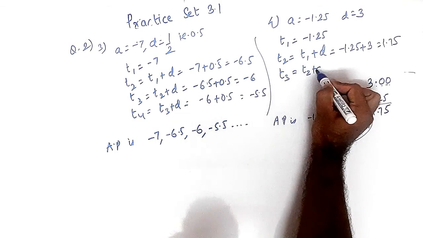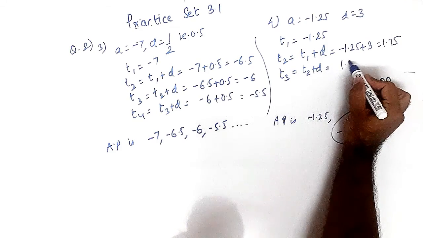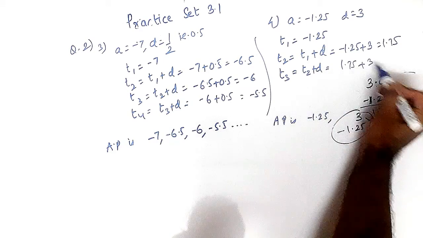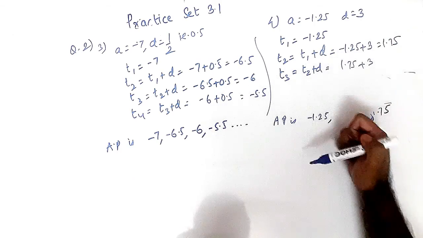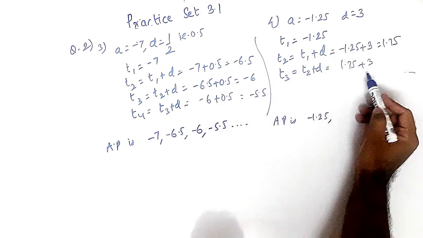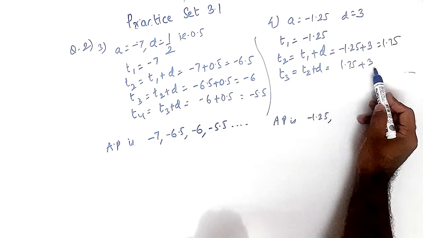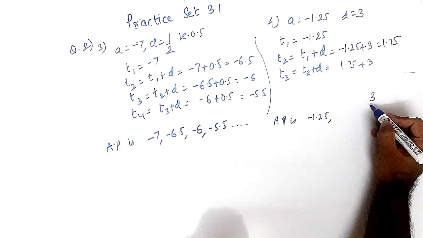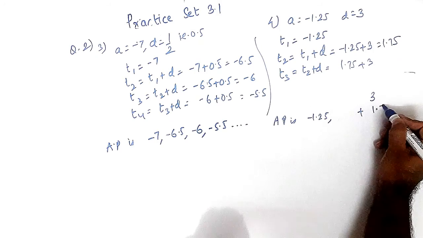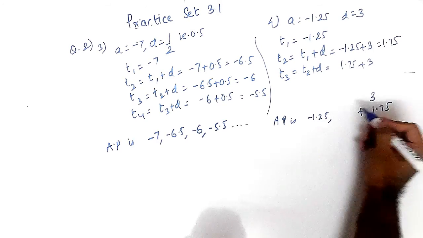Again, how will I get T3? T3 is T2 plus D. So it is 1.75 plus 3. How will you add? I'll just show you, because I can certainly add this orally. 3 plus 1 is 4.75. But how will you do it? 3 plus 1.75.